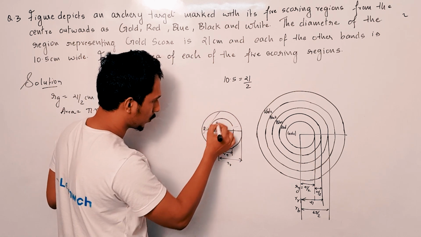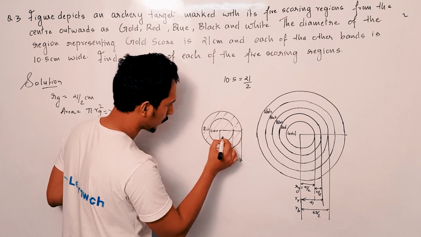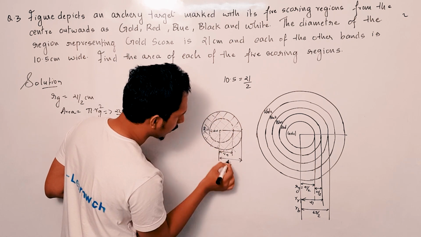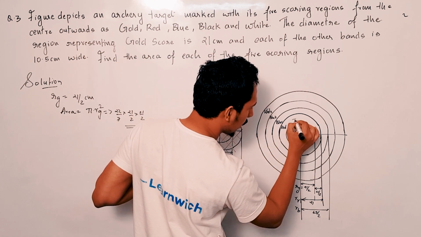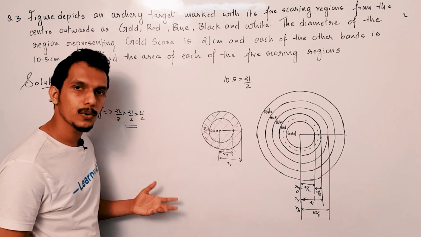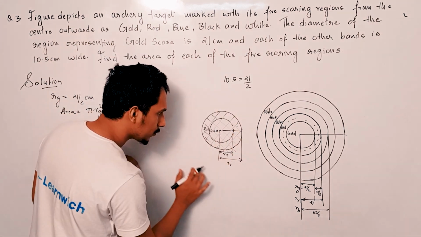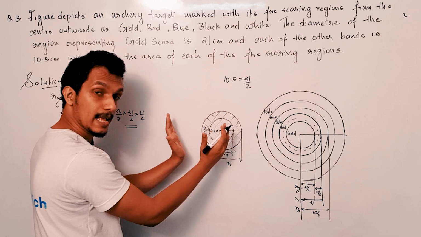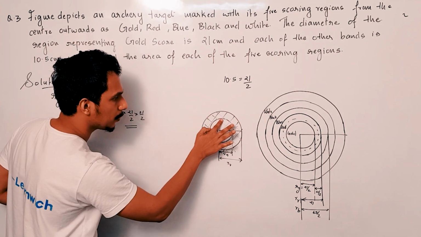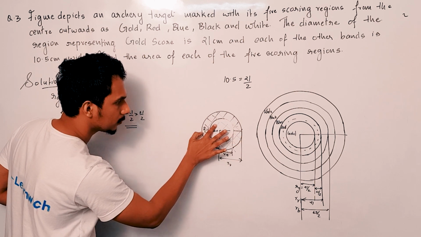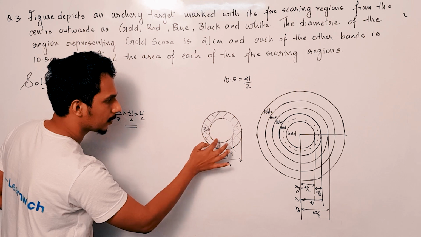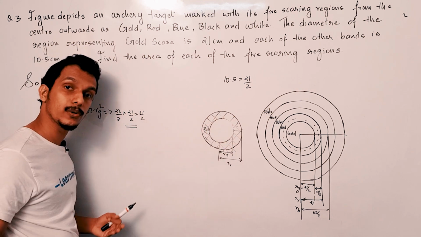Okay, so if this is a total red circle, I only need the red region, that is, I only need the area of this particular region. So how do I find out? You find the total area of the red circle as a whole. From that, you can simply subtract this gold circle. If you subtract the gold circle, then the highlighted area is your red region.